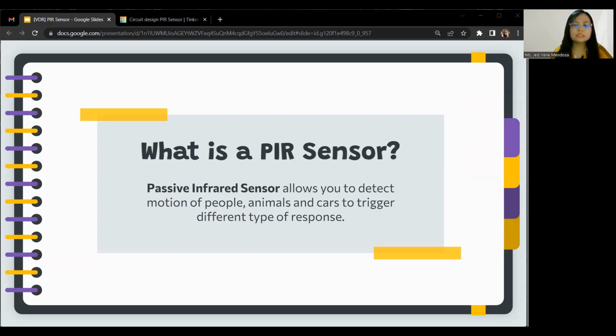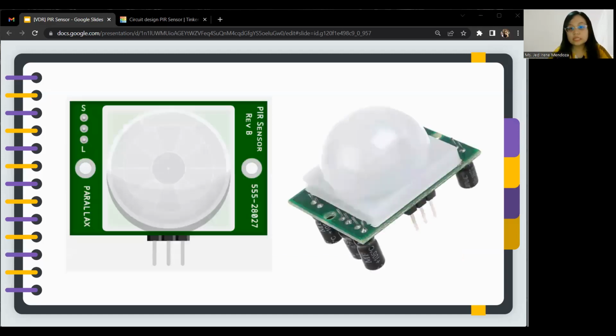So basically, this detects the motion of things that emit heat, just like people, just like us, which emit body heat, right? So this is for the PIR sensor to trigger different responses, like for example, turning on the lights, producing a very loud noise, and etc.